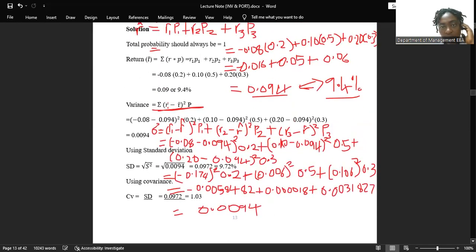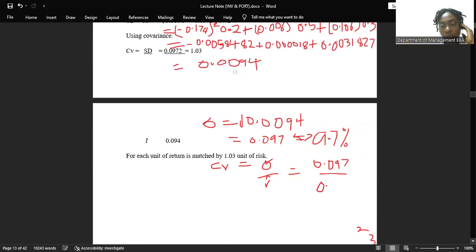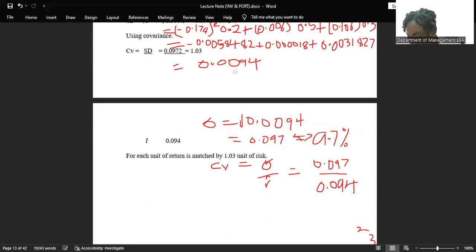It's 0.094. Okay, so we divide 0.097 divided by 0.094. So we have what? 1.03.